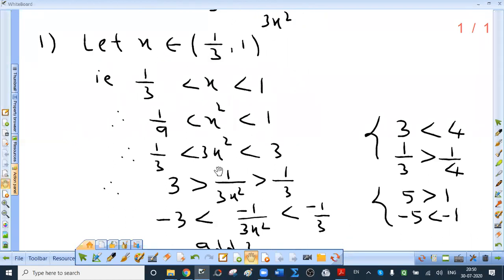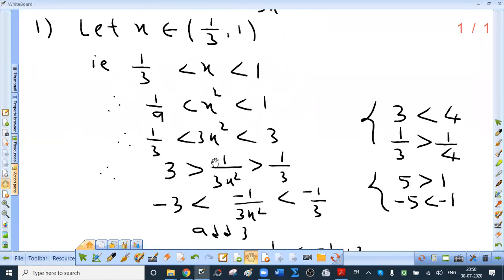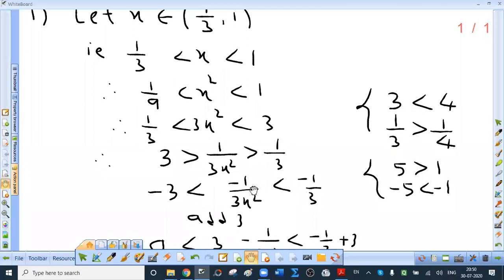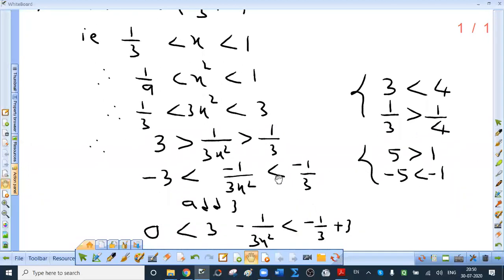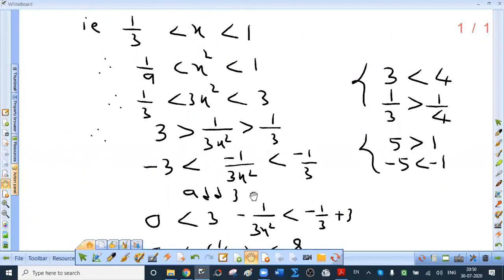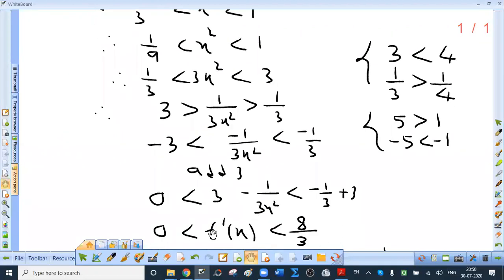Okay. Then what is the next step? Reciprocal. Reciprocals are taken, inequality reverses, but we need minus. If multiplied by minus, inequality reverses. We have to add 3. So we get this. But this is f dash of x. So f dash of x is greater than 0. So in this particular interval, function is definitely an increasing function. Okay. Now write down.